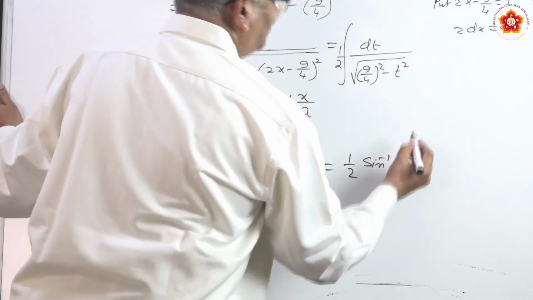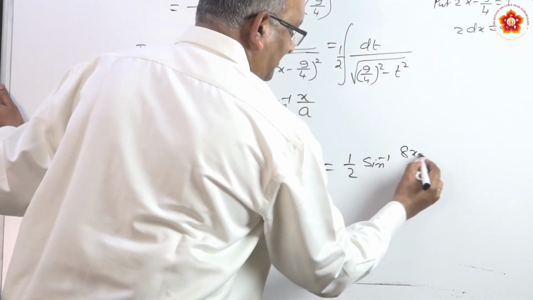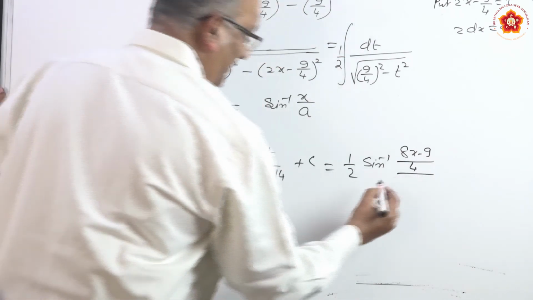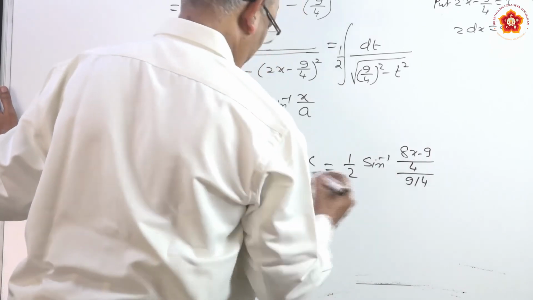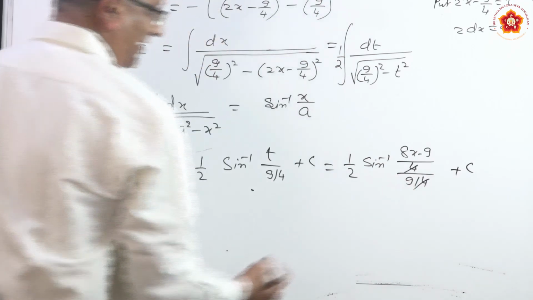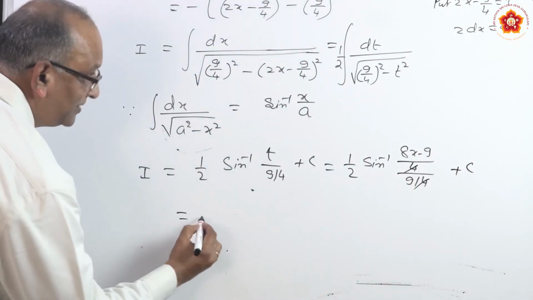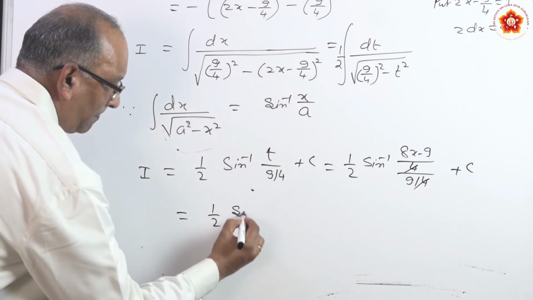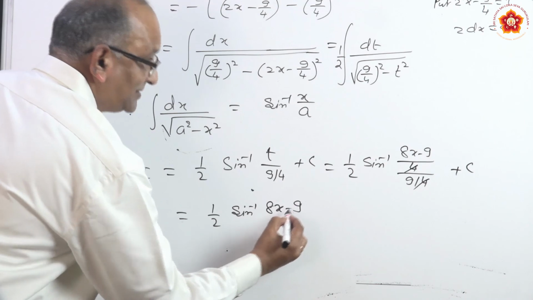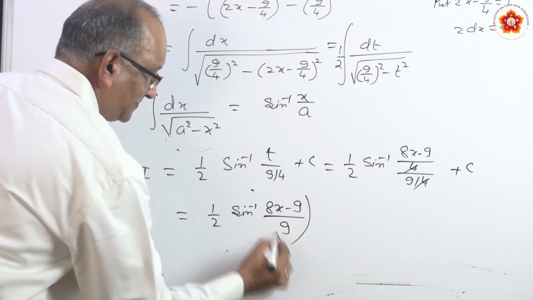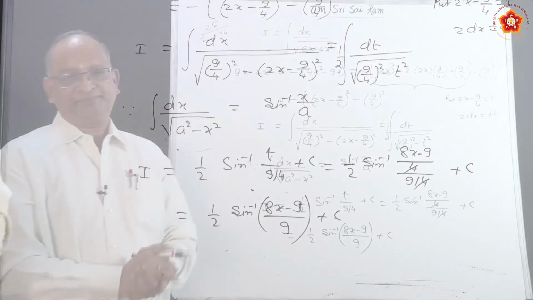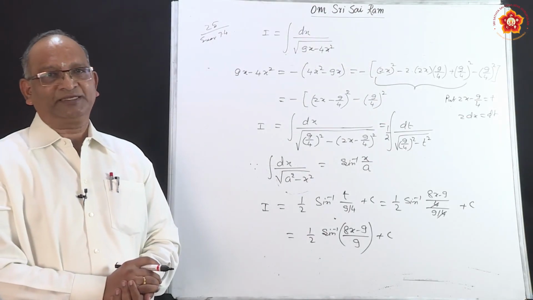You can simplify it, in fact, you can write it as 8x minus 9 by 4 by a, that is 9 by 4 plus c. This 4 and 4 will get cancelled and our answer will be 1 by 2 sine inverse 8x minus 9 by 9 plus c. This is the answer and this is how we solve these problems.